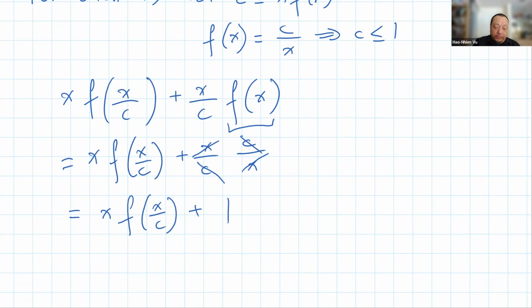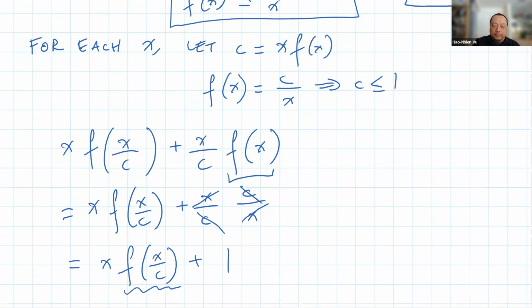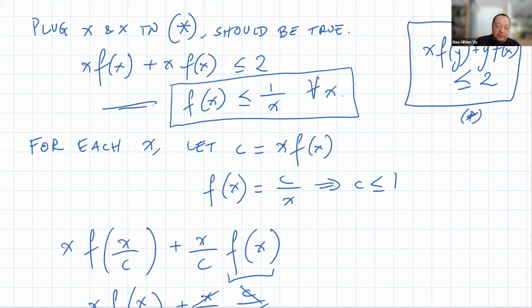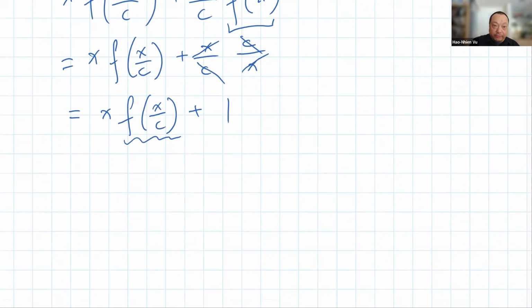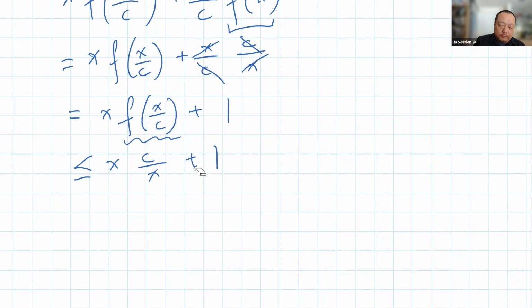Now, what about this f? Well, we have that f of x is less than or equal to its reciprocal for all x. So that's definitely going to be true for x over c. So this is less than or equal to, and the x's cancel.